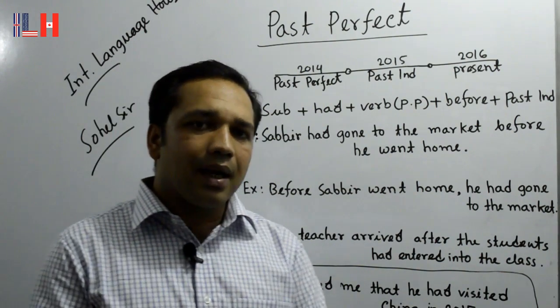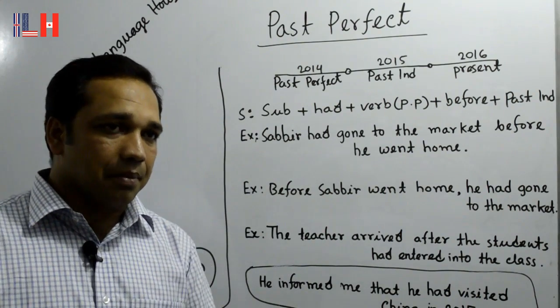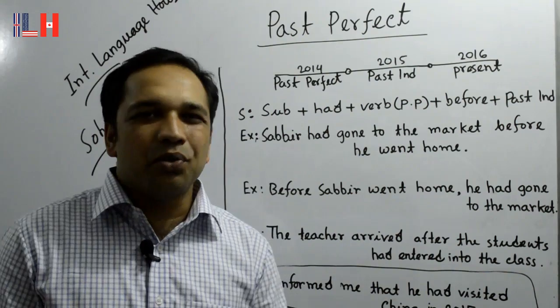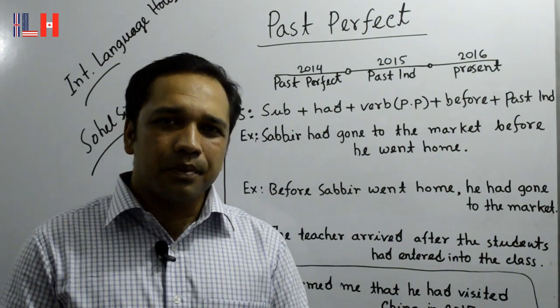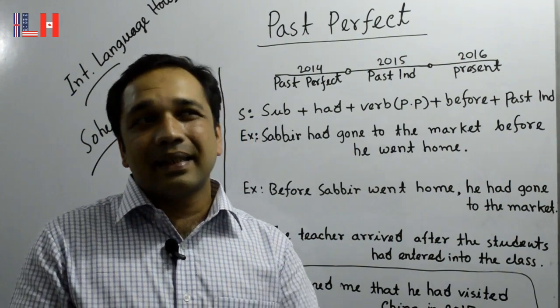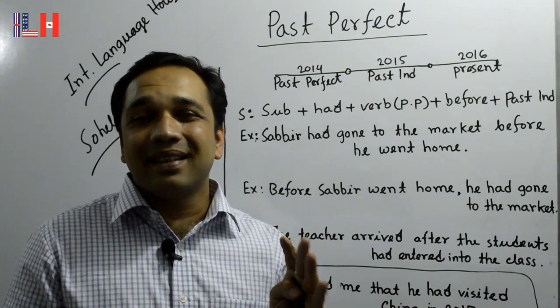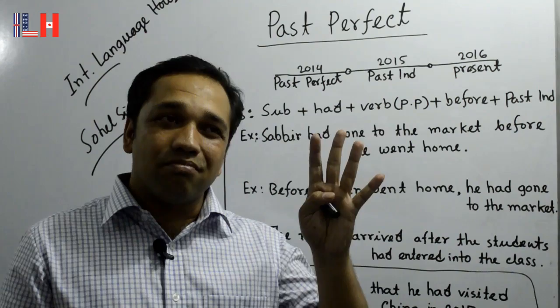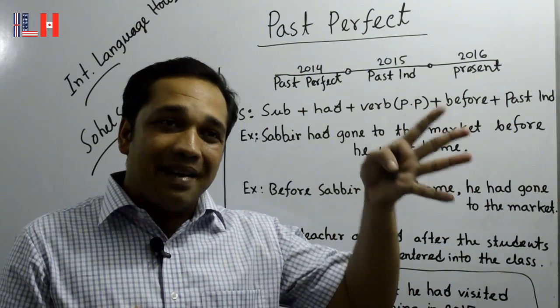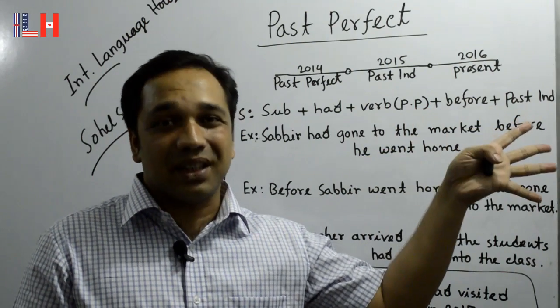Now let me give you another example. It is not always that you have to use before or after. You need to make somebody understand that that incident happened before an event that happened in the past.